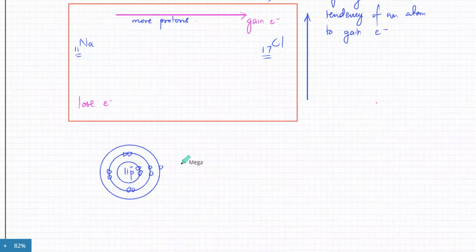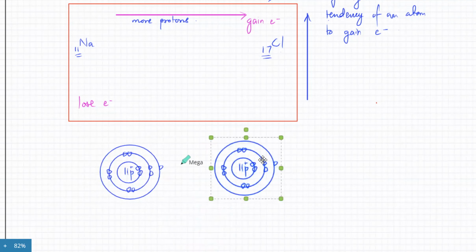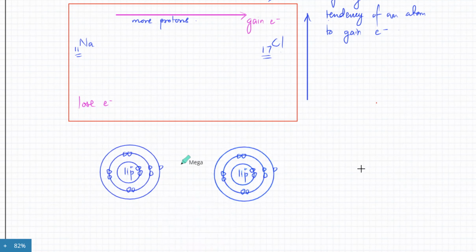While chlorine on the other side, its nucleus has 17 protons, and 17 electrons as well. But because of the 17 protons, because of the greater charge, there's a much stronger attraction for the electrons.